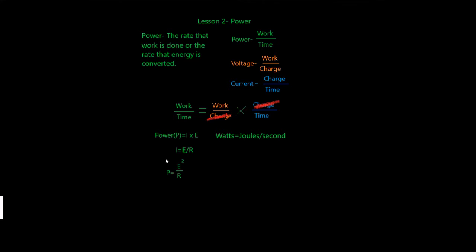Using a similar method, we can create the third equation, power is equal to current squared times resistance. In this one, I subbed out for E. So instead of E, I put current times resistance because I can just move this R over to this side of the equation and then plug in current times resistance for E, and I get this equation.